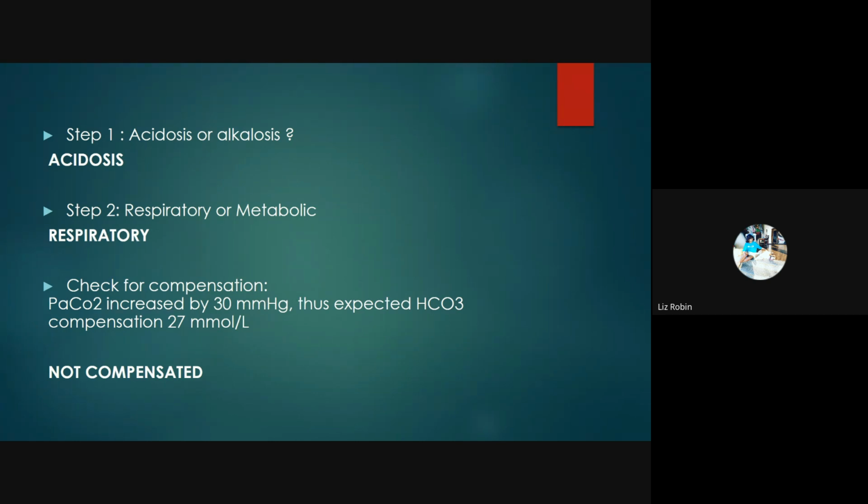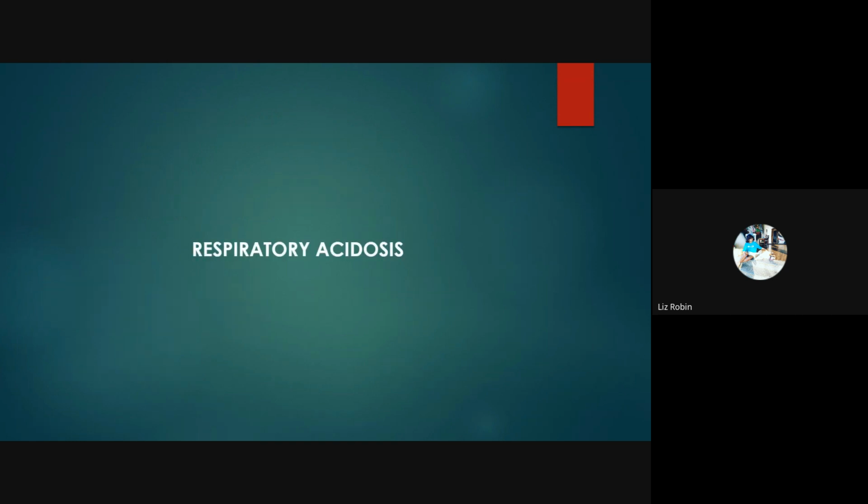So here the expected compensation was supposed to be 27, but unfortunately it was only 24 in this patient. So it indicates that it's not compensated. Even the pH per se gives you an idea at 7.26, it's not 7.4, so there's no compensation happening. So Atul, as rightly said, it was respiratory acidosis.